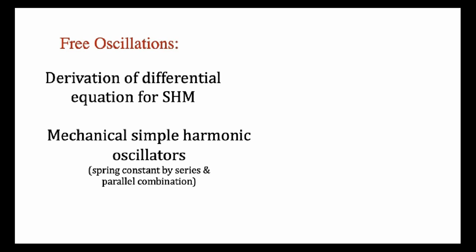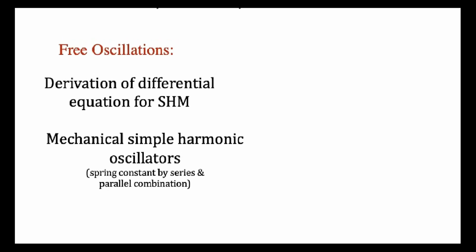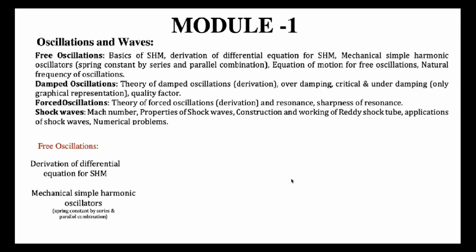Sometimes 3 plus 3 gives a 6 marks question, or 4 plus 4 an 8 marks question. Okay, this is it for free oscillation. Along with this, you can expect some definitions in this chapter, that is the equation of motion for free oscillation and the natural frequency of oscillation, definition with equation.